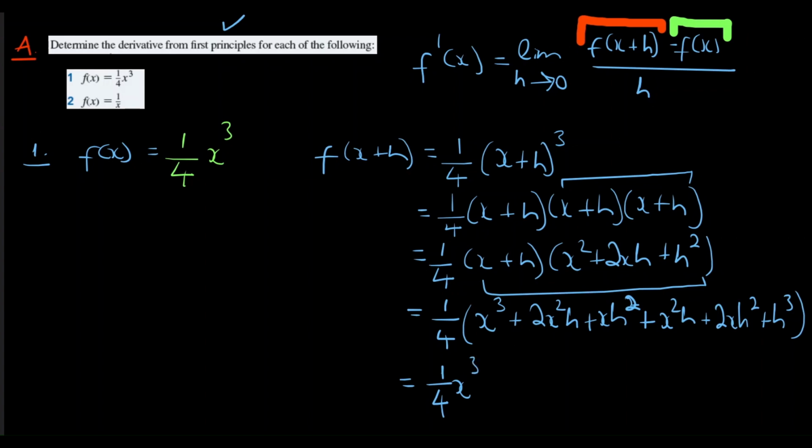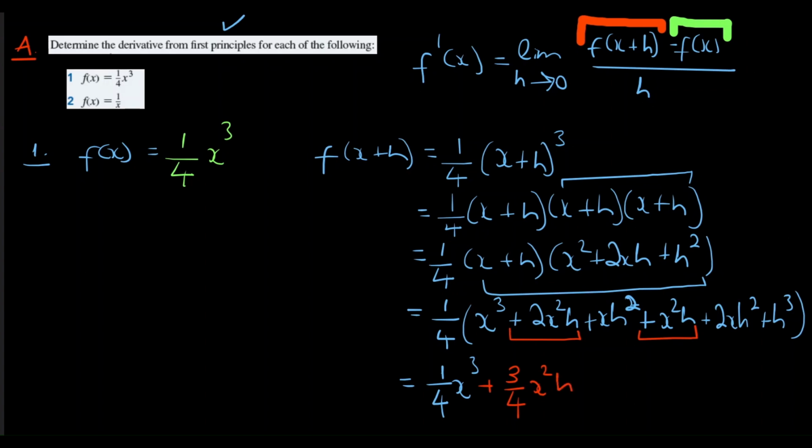You must also pay attention that we have like terms, 2x squared h and 1x squared h. So we can add those. 2x squared h plus x squared h, when you add them together, you're going to get 3x squared h. You multiply it by 1 over 4. You're going to have 3 over 4 x squared h.